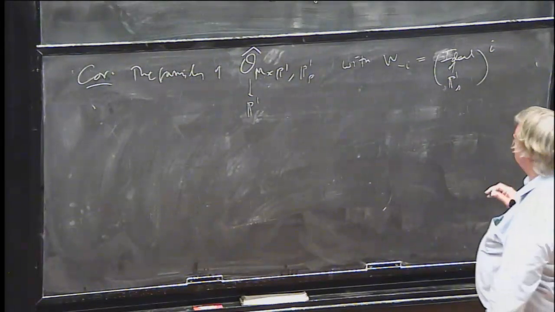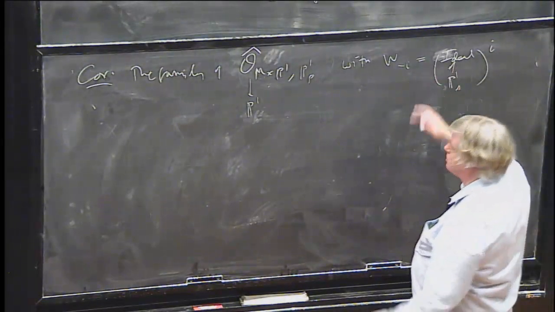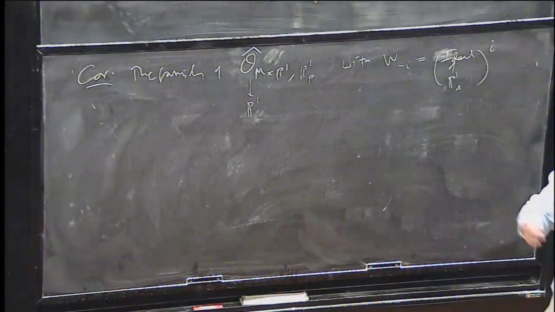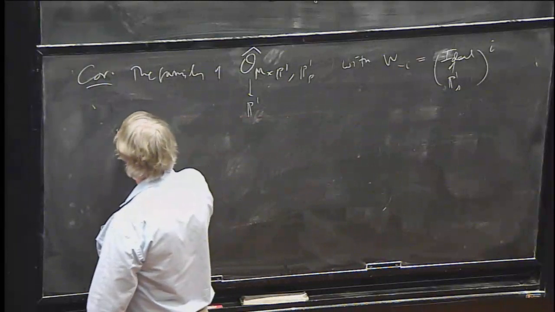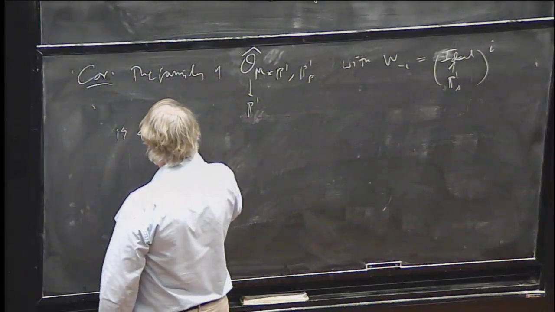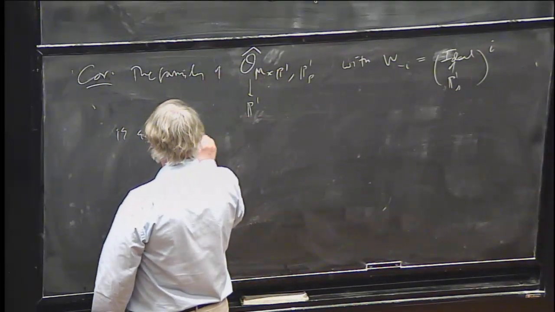Maybe there's a plus 1. Anyway, define the weight filtration to be just the powers of the ideal. Okay. Then this thing is a mixed twistor structure.